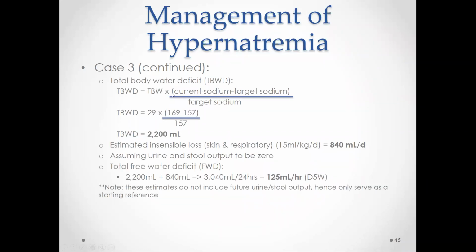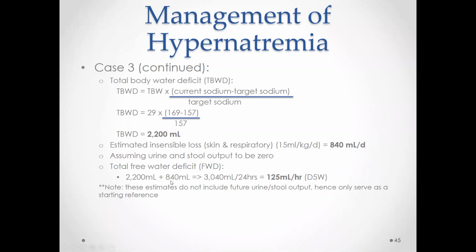So similar calculation, just current sodium minus target sodium over target sodium: 169 minus 157 over 157, multiplied by total body water, and we get 2.2. And don't forget to calculate the insensible loss.